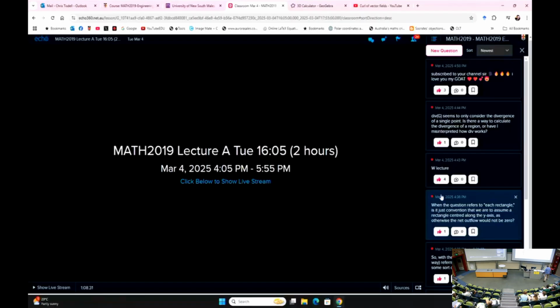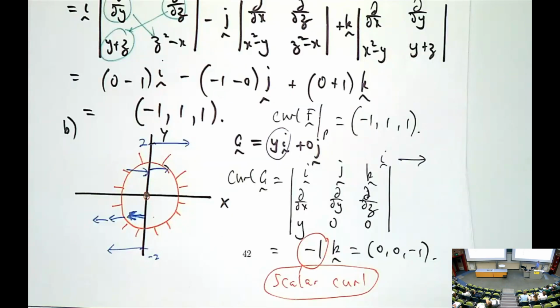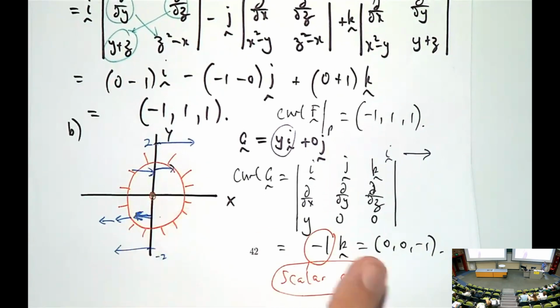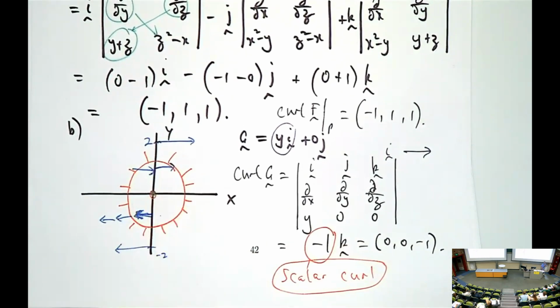Does the curl vector denote the axis of rotation of the vector field? Yeah, that's a great question. Where is this vector going to be pointing in relation to there?